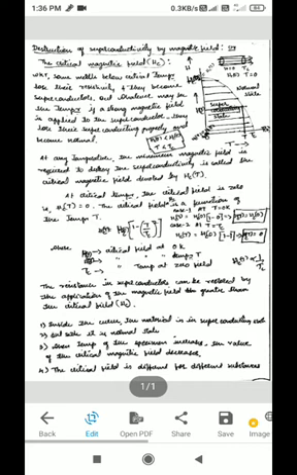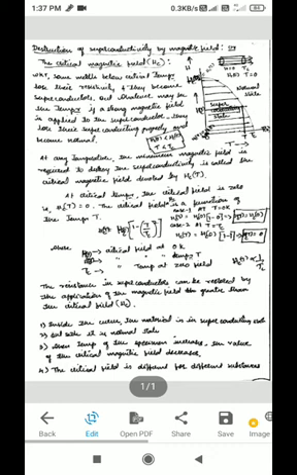At critical temperature the critical magnetic field is 0, so Hc of Tc equals 0. The critical field Hc is a function of temperature T. To find the critical magnetic field at a particular temperature, there is an equation: Hc of T equals Hc of 0 times 1 minus (T divided by Tc) whole squared.